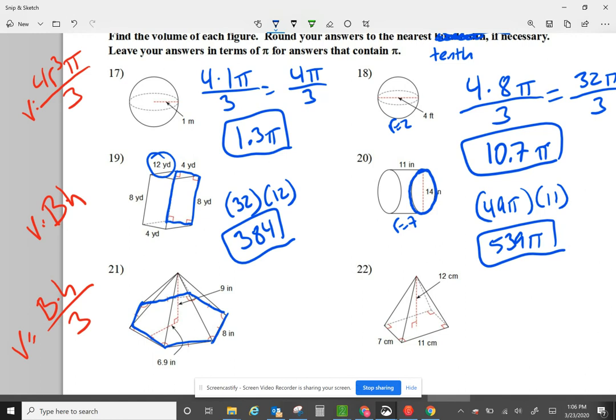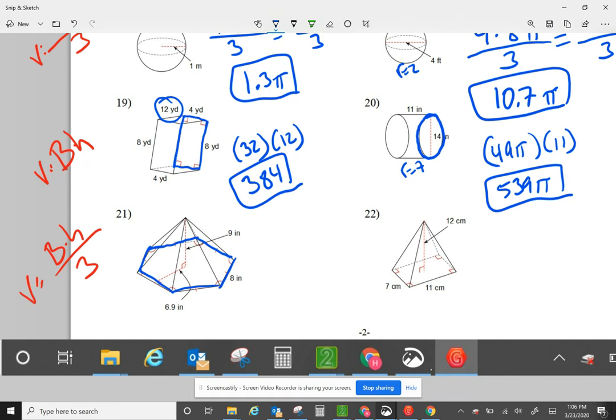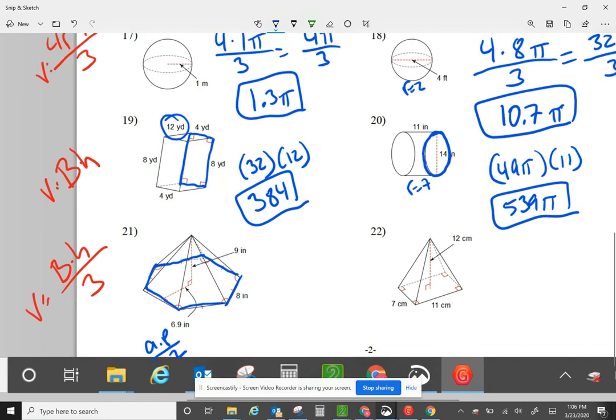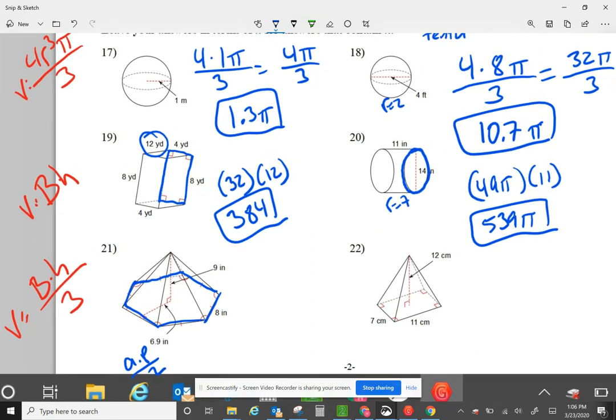And I remember the area of a polygon is the apothem times perimeter divided by 2. So the apothem is 6.9. The perimeter, since each side is 8, and there are 6 sides, is 48, divided by 2. Once again, this is just the area of the base.